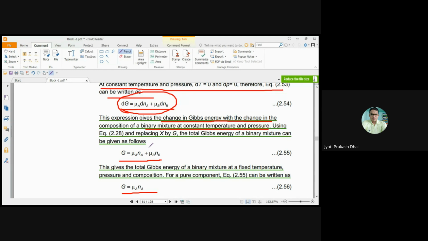Now, we write using equation 2.28, what we have discussed for X, and here we are replacing X by G, that is, the total Gibbs energy in a binary mixture can be written as follows. If we take integration of this, we can write G equals mu A Na plus mu B Nb.